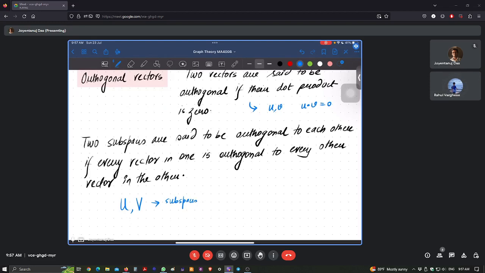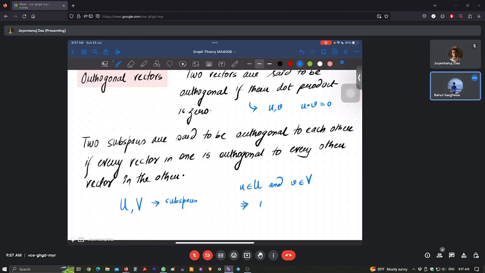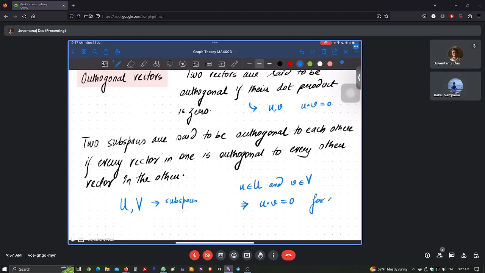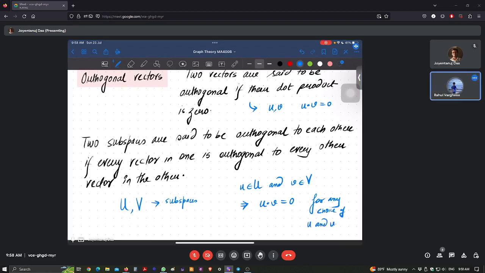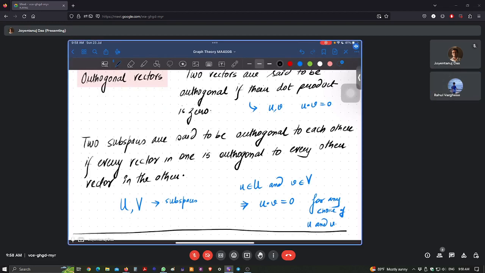As subspaces, they are orthogonal if, suppose small u belongs to capital U and small v belongs to capital V, this implies u dot v equals 0, and this is for any choice of u and v. If this is true, then we'll say that as subspaces, capital U and capital V are orthogonal.